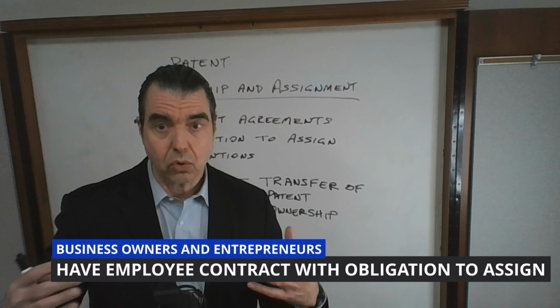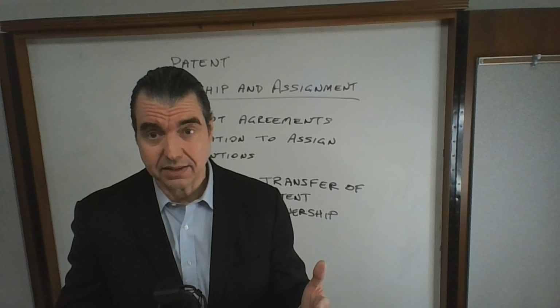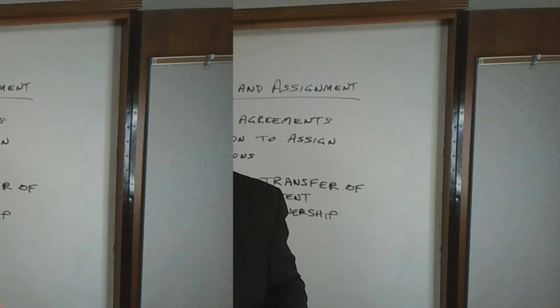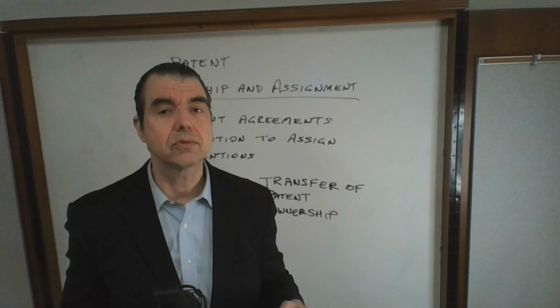Now, the other thing to know is, in the situation where you might have a portfolio of patents and you're licensing those, some people are of the opinion that they want to license their patents through a business entity that they create rather than through themselves as an individual. There's an important subtle point to understand about that.